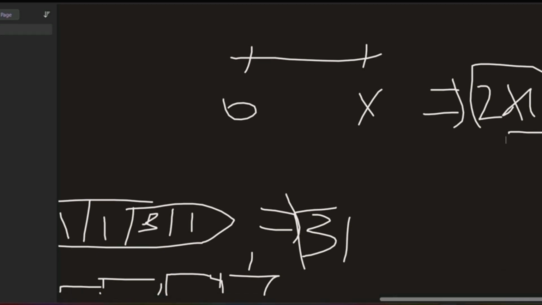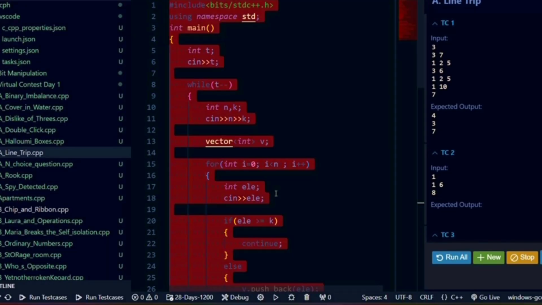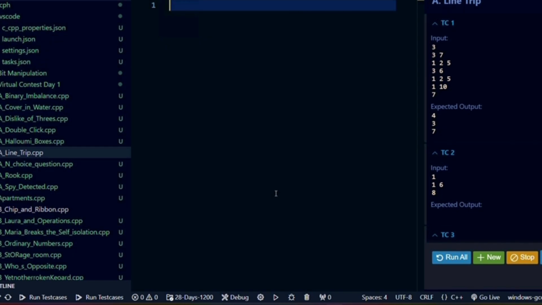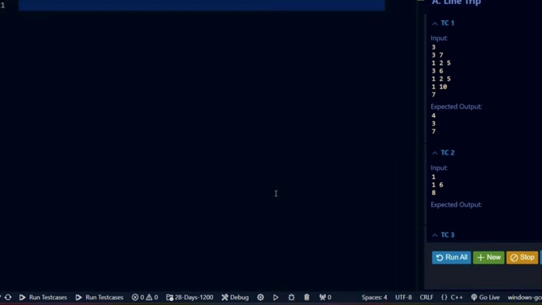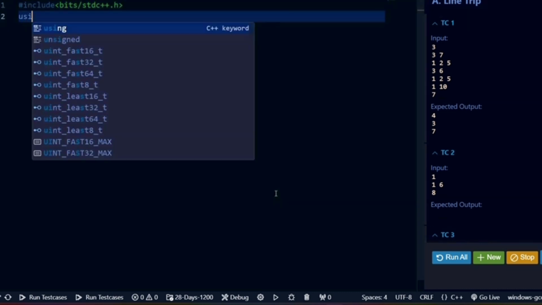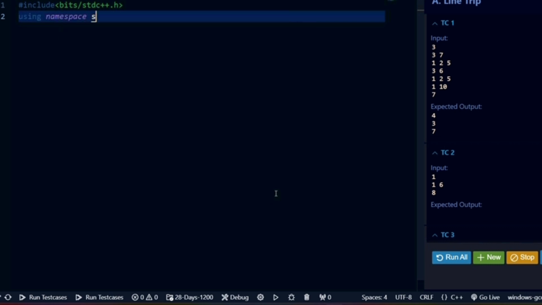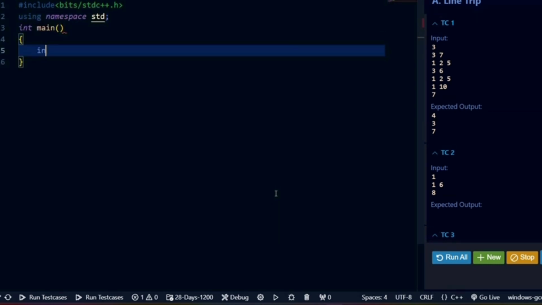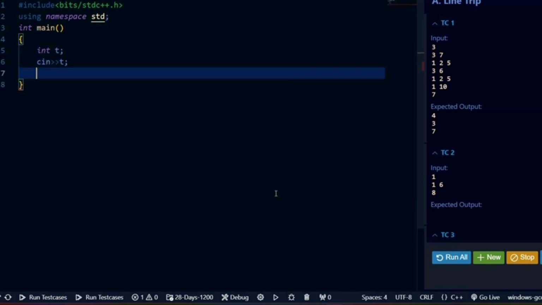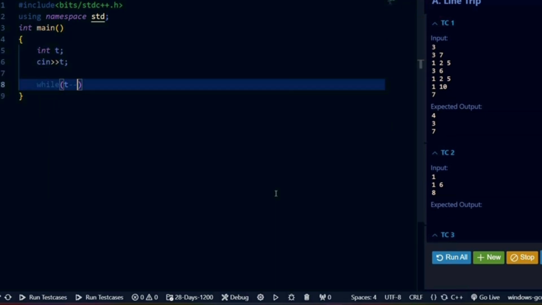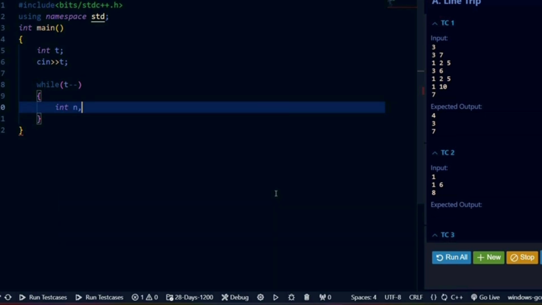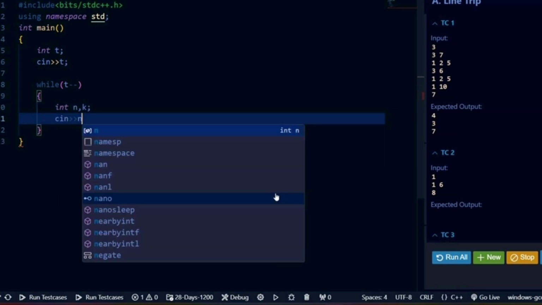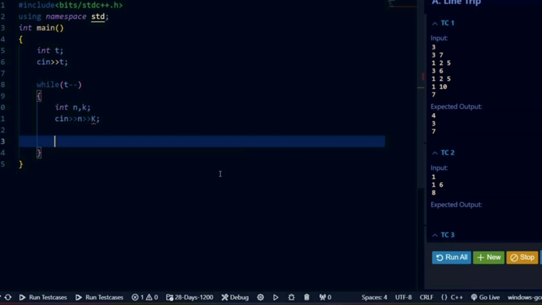So let's see the example explanation of the code. First of all we will do several things. I will write this: using namespace std; int main; int t; while t minus minus; int k, sin and k.